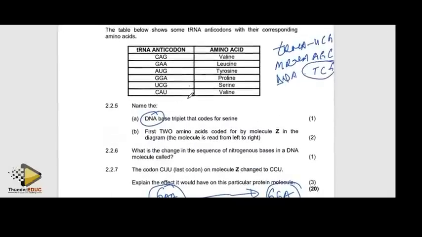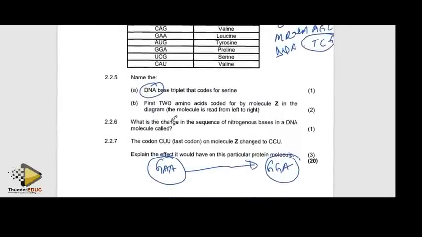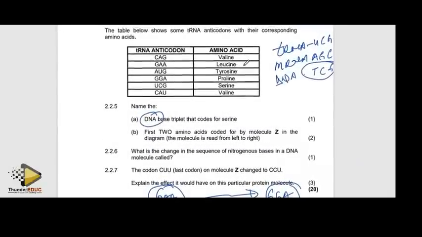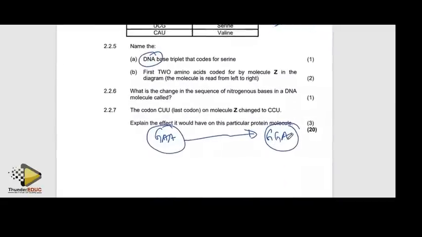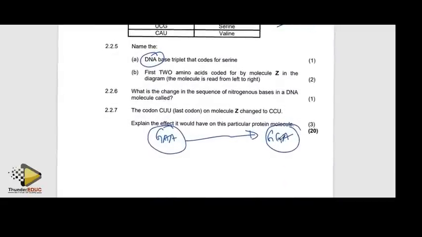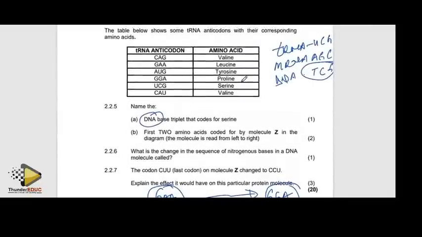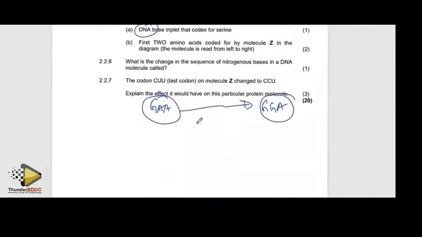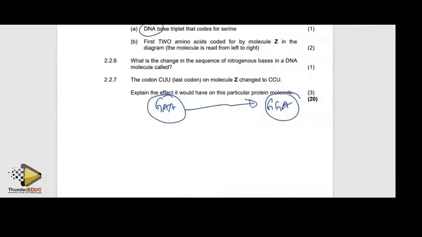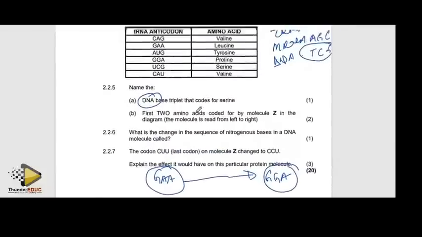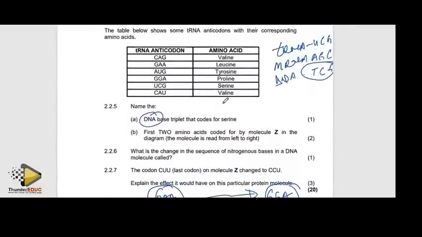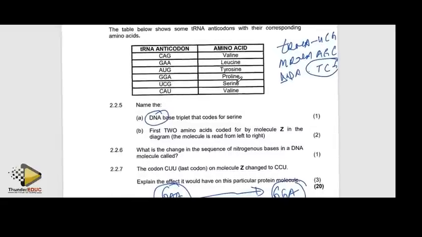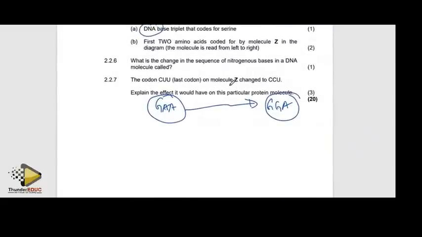If you come here, GAA is leucine, while GGA is proline. It means that the change of this to this will result in a different amino acid being coded, from leucine to proline, which will result in a different protein.